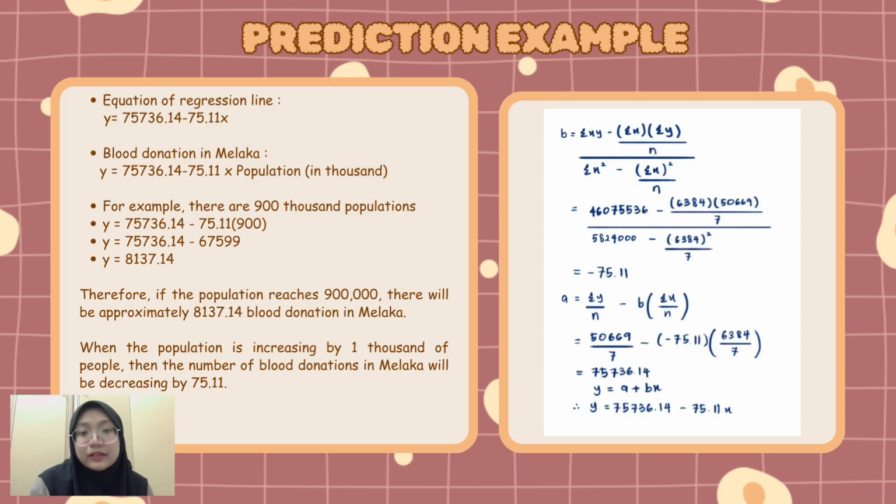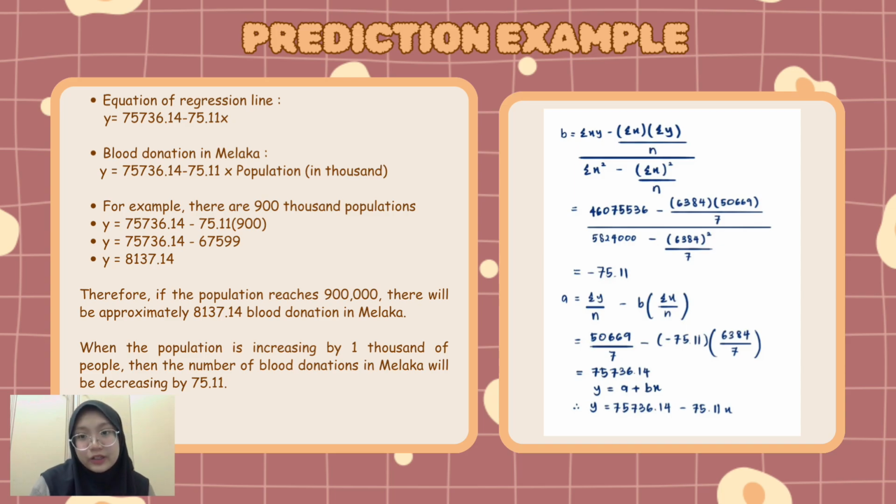The formula of b is written at the right side. You can see the b formula, and we just substitute what we got earlier into it, and we calculate and get negative 75.11. Then we get the value of b.